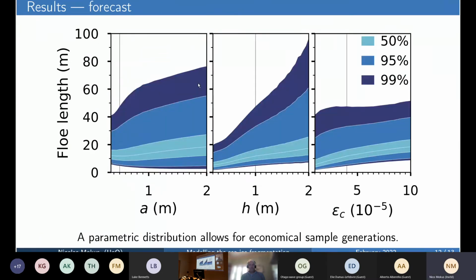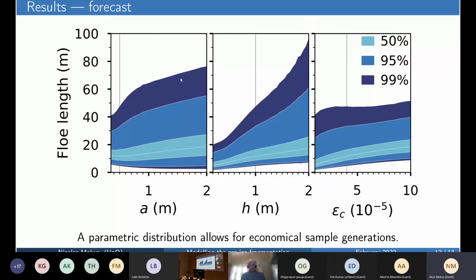This figure shows what forecasts could look like for each value on the x-axis, corresponding to different ice or wave conditions. The y-axis shows a range of flow sizes that the lognormal model will predict. So 50% of the flows will be within the light stripe, 95% of them within the darker stripe, and 99% of them in the darkest stripe.